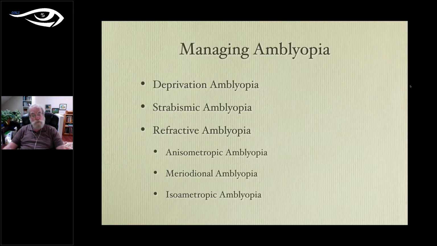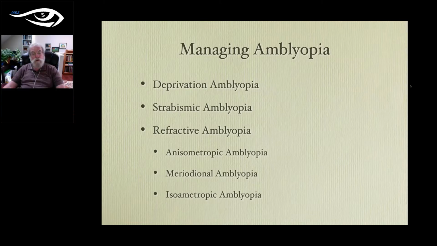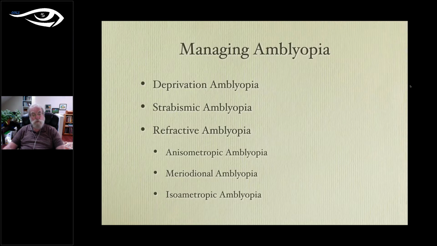The effect of it is a deeper form of amblyopia than the other types of refractive amblyopias. It actually has characteristics that are more similar in many neurodevelopmental ways to deprivation amblyopia. So we'll talk a lot about refractive amblyopia.